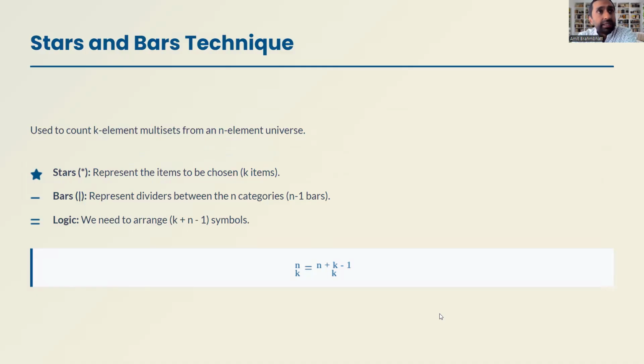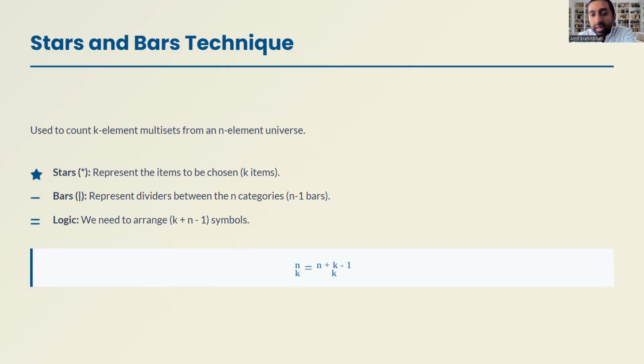Stars and bars technique. How do we count the number of k-element multisets we can build from a universe of n distinct options? We use a brilliant combinatorial technique called stars and bars. Imagine the k selections we need to make as identical stars. We can separate these stars into n different categories using n-1 vertical bars.